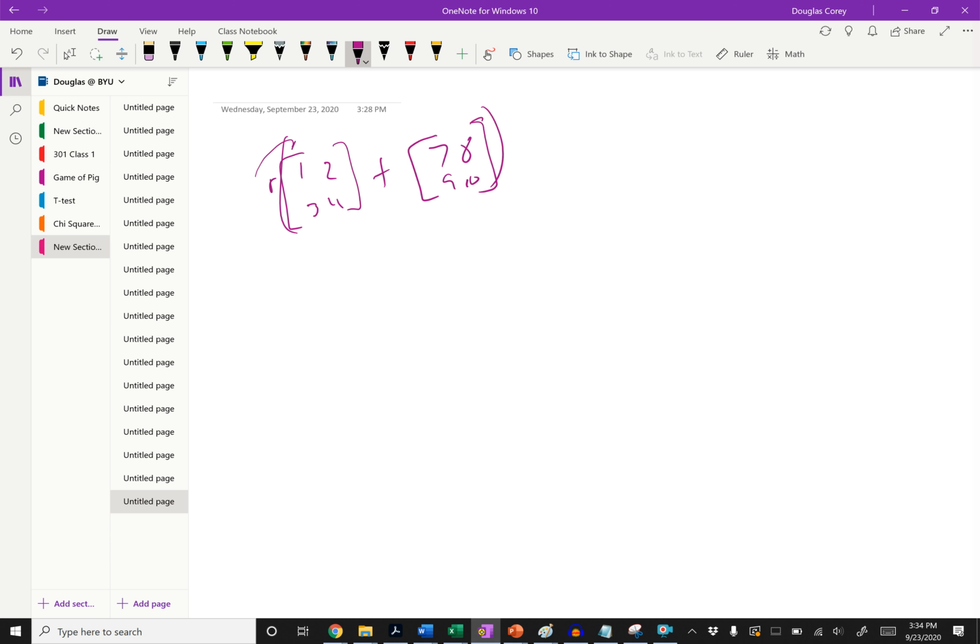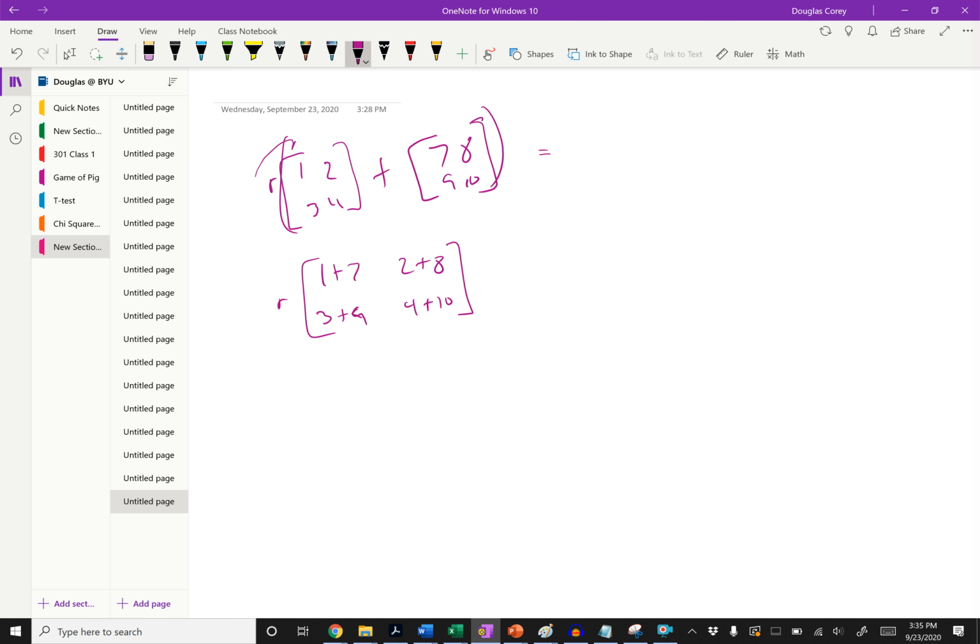If you multiply this out, well, you're not sure if you can multiply them out, but we can add these first. So we get a 1 plus a 7, 2 plus an 8, 3 plus a 9, 4 plus a 10.